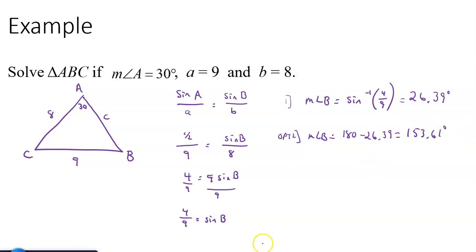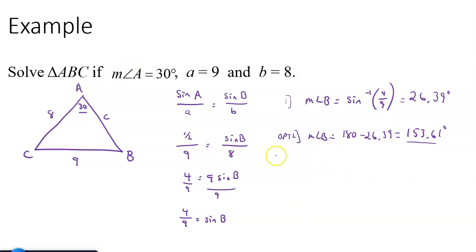Okay, here we run into a problem. If I now said go ahead and find the measure of angle C, the measure of angle C would end up being negative, because here you've got 153.61. You've already got a 30-degree angle in there. So if you add those two together, they add up to be more than 180. Right?